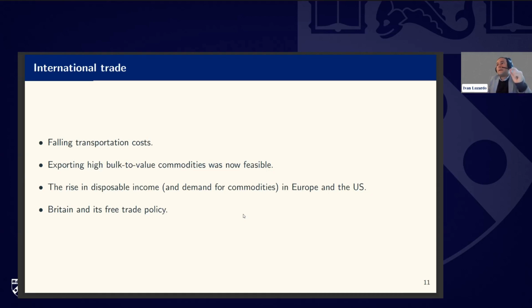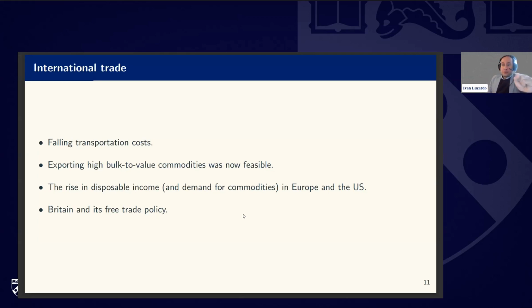One of the reasons why, for instance, during the colonial period, when we studied the Spanish Empire, the exporting sector was specialized in exporting gold and silver was because the value of these commodities was very high relative to their volume. Now we have another kind of exporting sector, with relatively low-value commodities that could be exported due to the improvement in transportation that we observed in the late 19th century.